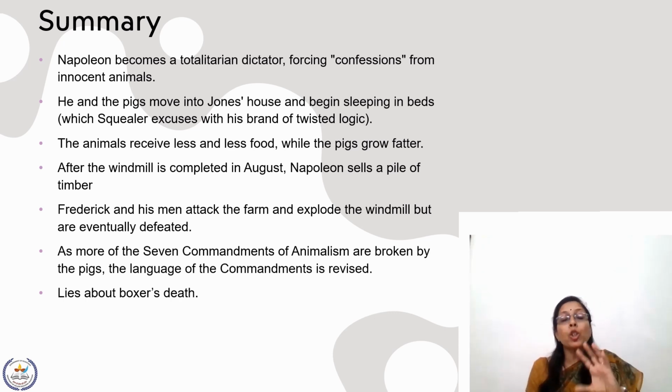But Squealer, who is the propagandist, lies about the death of Boxer, and he says that Boxer was taken very good care of while he was away in the hospital, whereas the truth is that Boxer was sold off to a butcher who did kill Boxer, as he was weak and he was of no use to Napoleon.